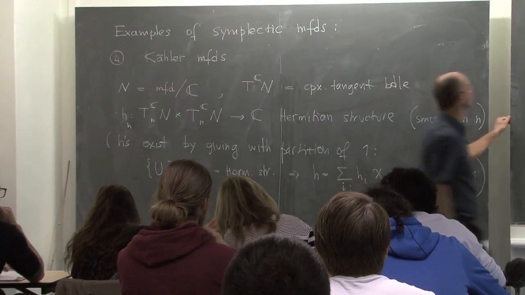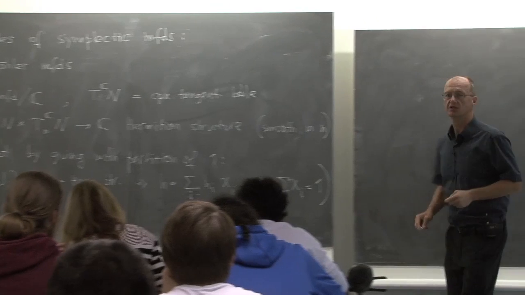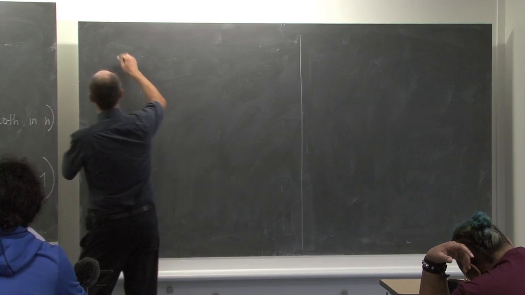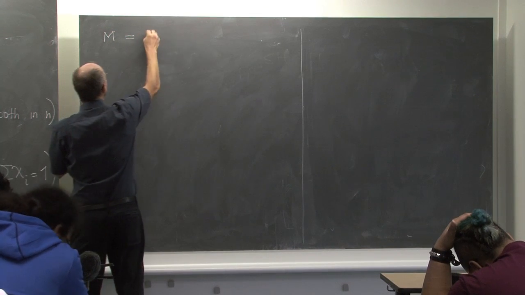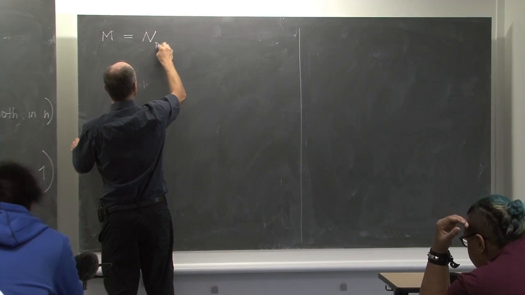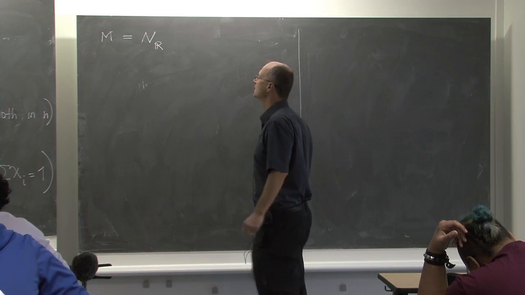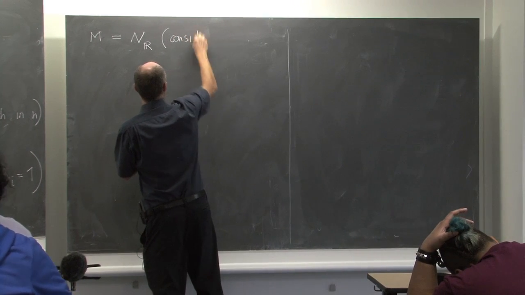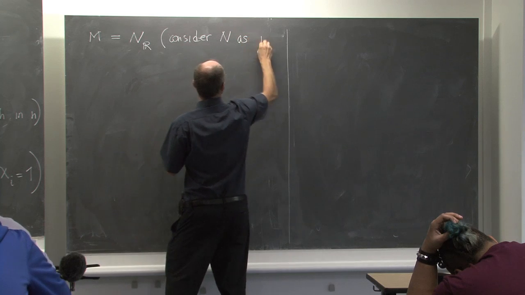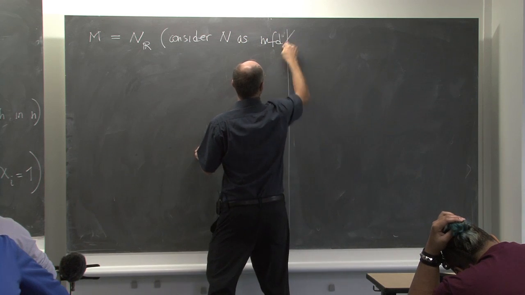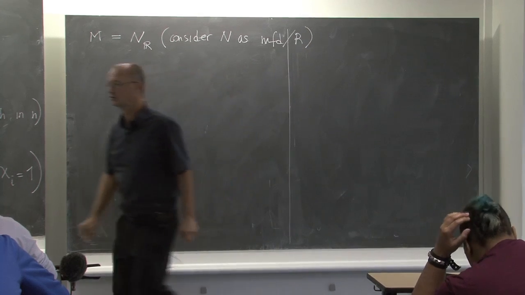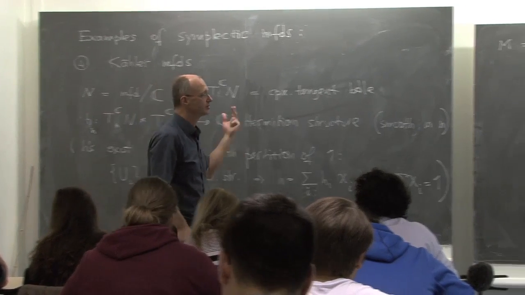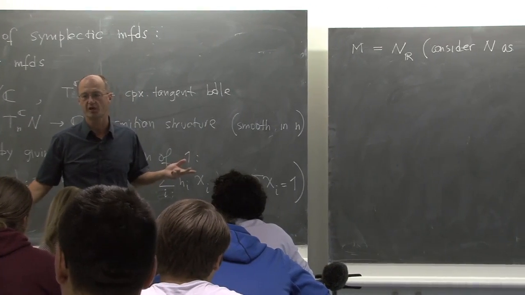Now what we can do, remember we already had in linear algebra a relation between Hermitian structures and 2-forms. So we can now declare that M is equal to N, let me denote it this way, with R, and here I just mean by that we consider N as a manifold over R. All the charts, instead of thinking of them as C^n, we think of them as R^{2n}, and all the maps, forget that they're holomorphic, they're just smooth maps.